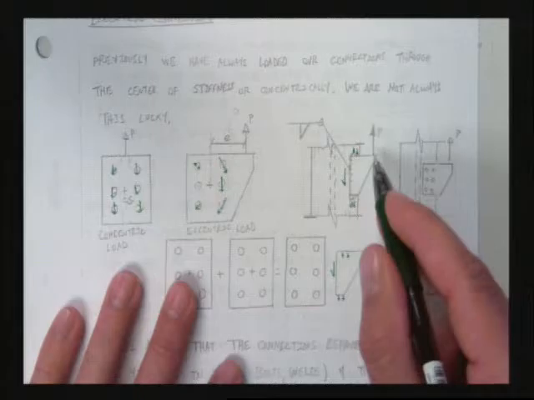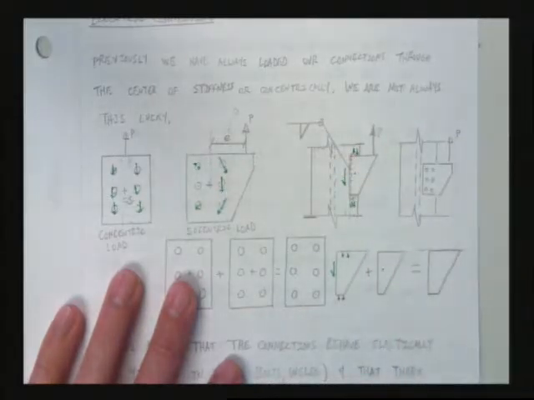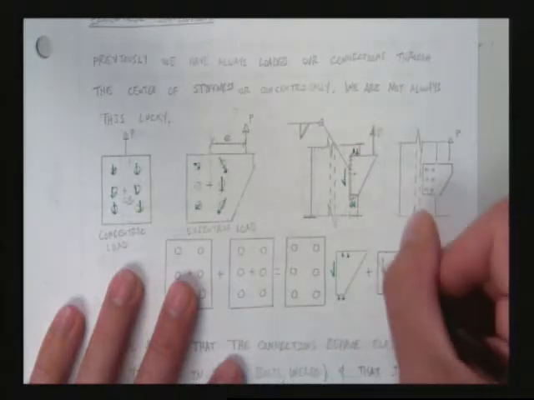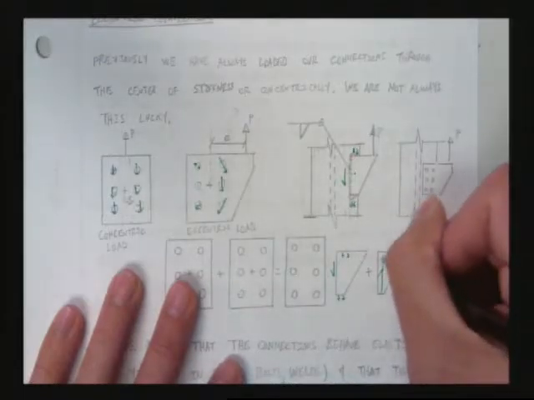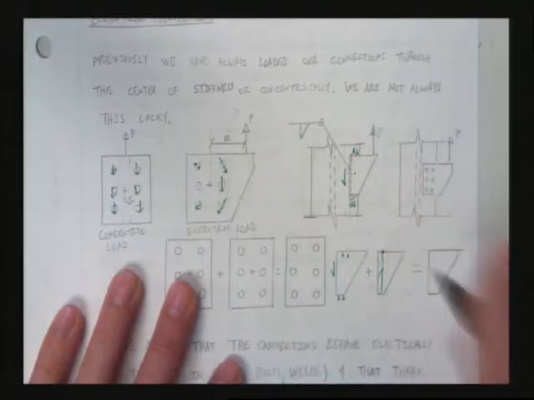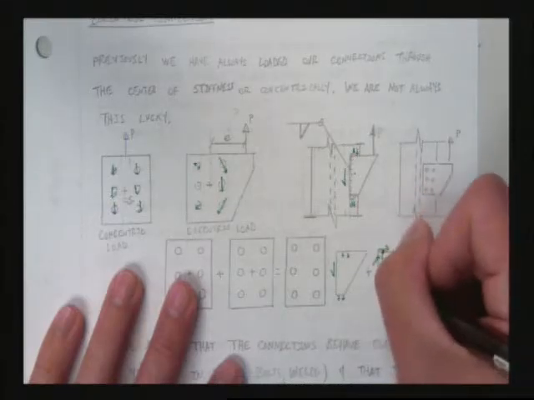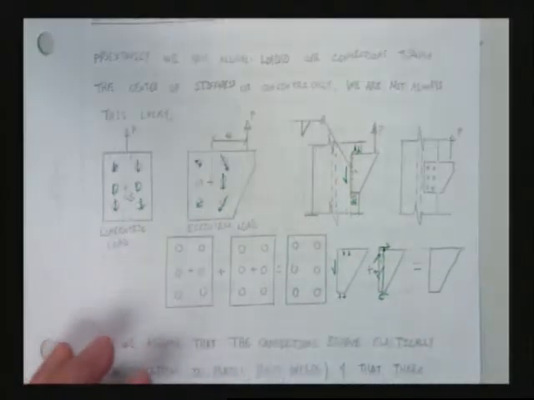And again, when we start talking about it being loaded torsionally, we would draw just like we did with the bolts, little imaginary radiuses that go out, and we would be in the opposite direction. So this would be up here, this would be up here, this would be down here, and this would be down here. You with me?